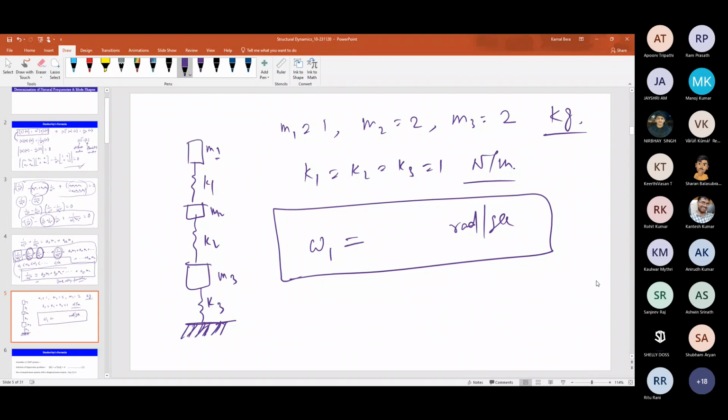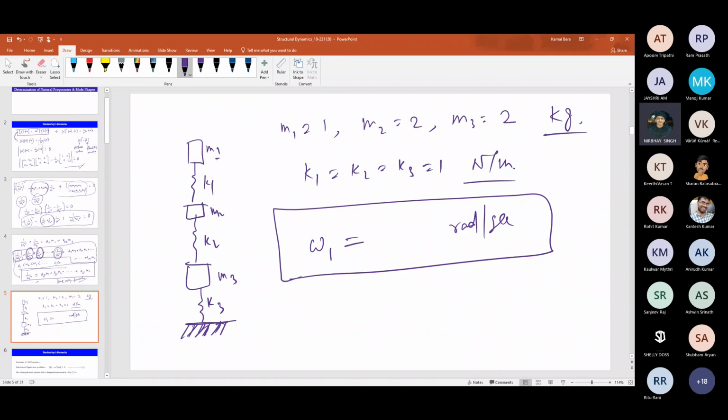Anybody has any difficulty in understanding the formulation or what I am asking you to do? Anybody? So 1 by root 5.